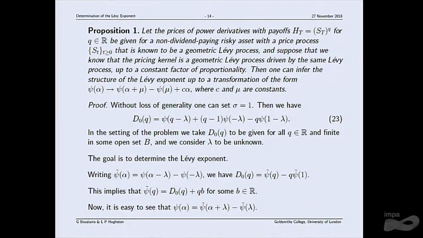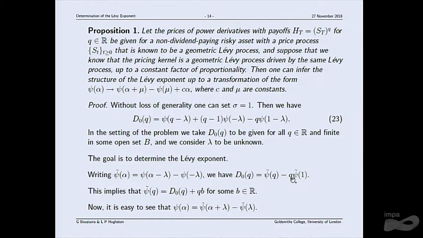So what this means is that we can now proceed to work out the Levy exponent, or at least as best as we can, in terms of the underlying data. And then this leads us to a result.